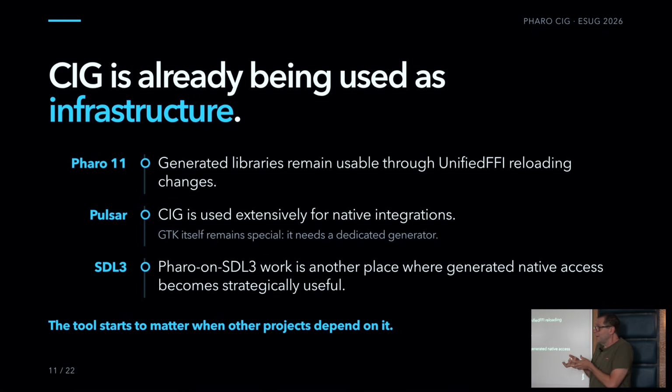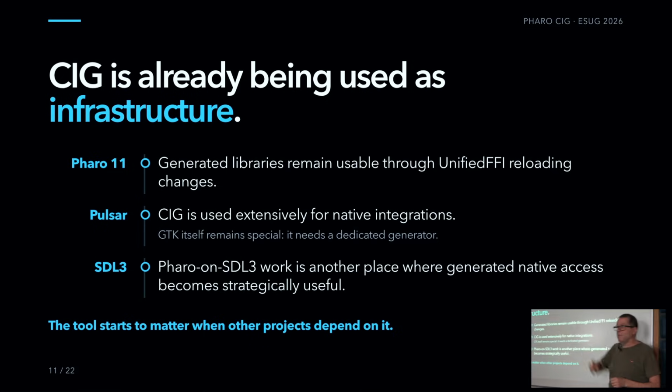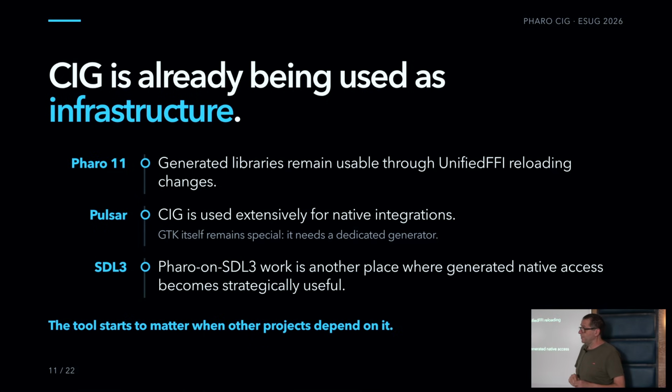Because what could change and forbid that is the FFI implementation, the backend, the VM part. But if that doesn't change, why can we not use it? So we are backward compatible until Pharo 11 today with everything, except that you need to load unified FFI.